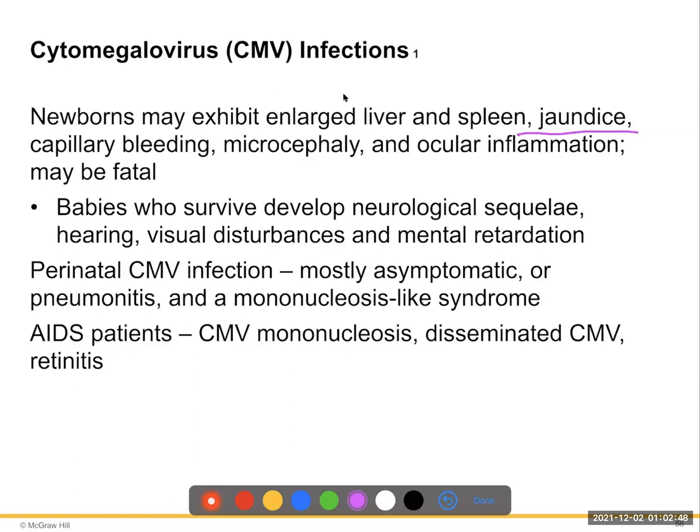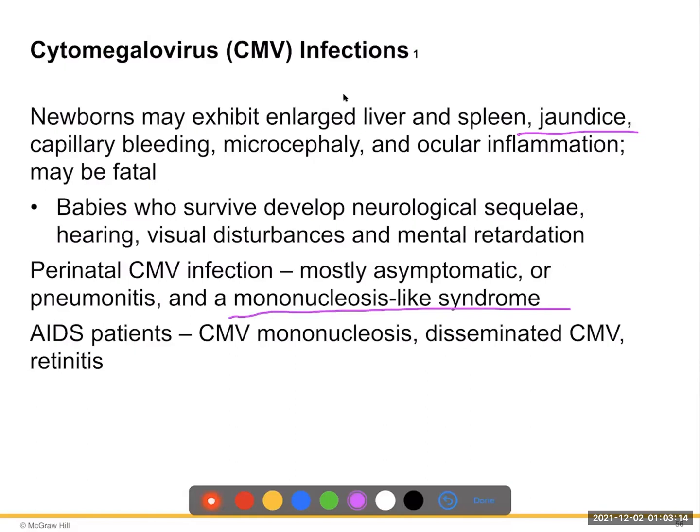So with most cytomegalovirus, you don't know you've got it, except newborns, fetuses, and immunocompromised patients. Babies who survive the cytomegalovirus can develop neurological problems, hearing and visual problems, and mental retardation. Perinatal cytomegalovirus infections are mostly asymptomatic, or cause pneumonitis and mononucleosis-like symptoms. It produces symptoms like the Epstein-Barr virus does.